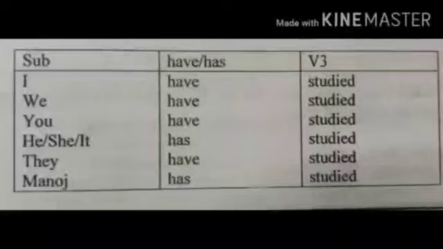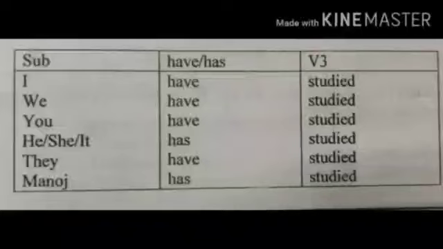Now here is a small tabular form with the heading subject. The other column is is, am, are, and the third column is the V4 column. For example, subject I, in the second column am, then studying. I am studying. Now the subject turns to we, and we are studying.